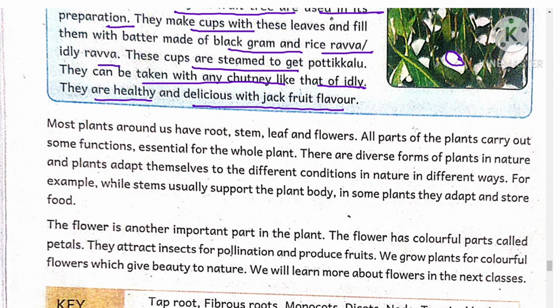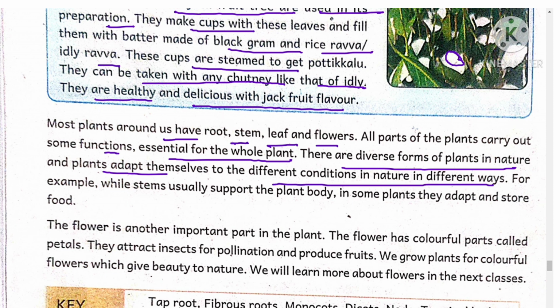So many plants around us have a root, stem, leaf and flowers. All the parts of the plant carry out some functions essential for the whole plant. There are diverse forms of plants in nature, and plants adapt themselves to different conditions in different ways. In higher classes you will learn how plants adapt.